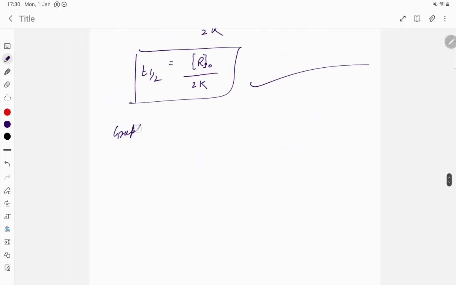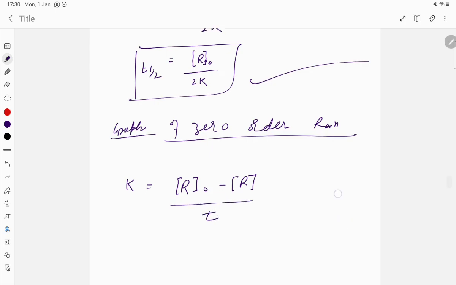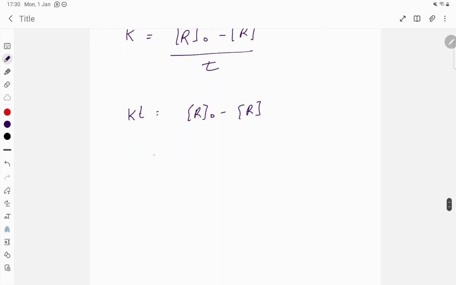Here k is equal to R naught minus R upon t, so kt is equal to R naught minus R. It is difficult to compare this with y equals mx plus c, because a single term should be on one side.